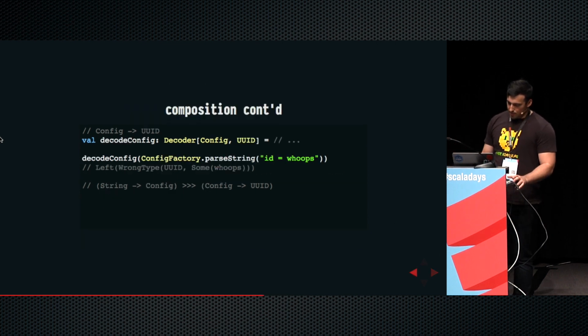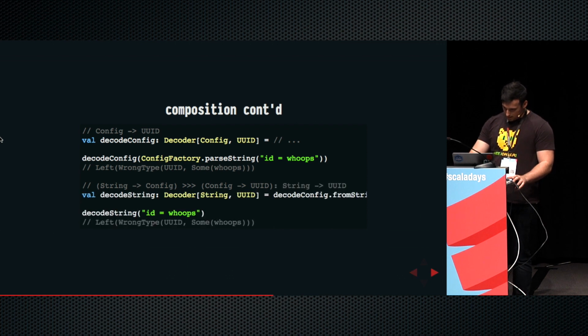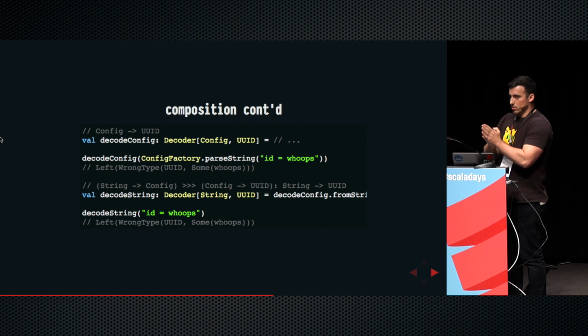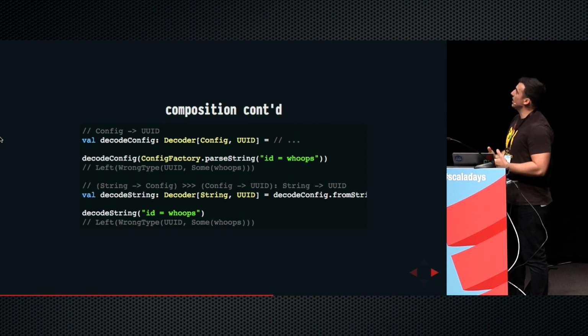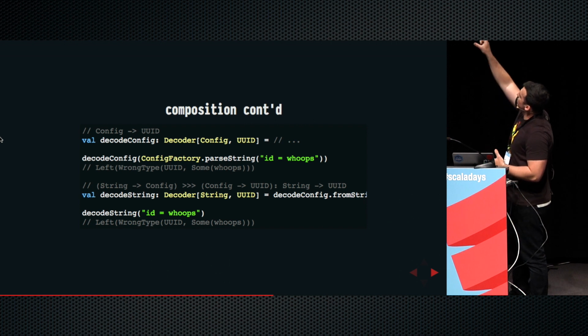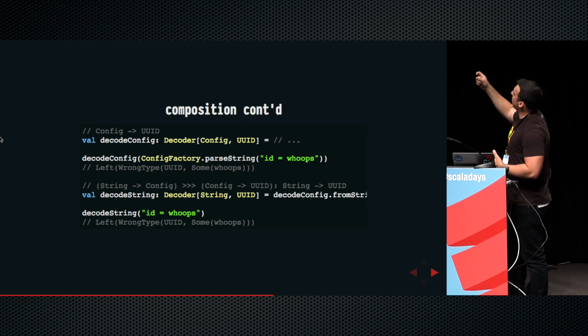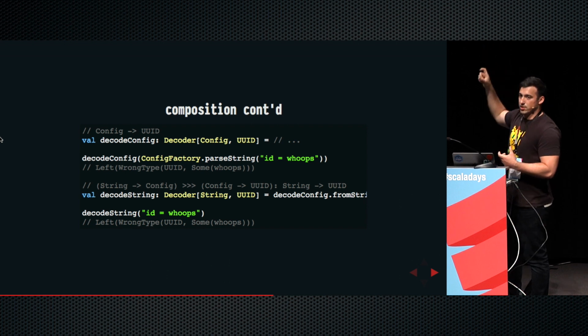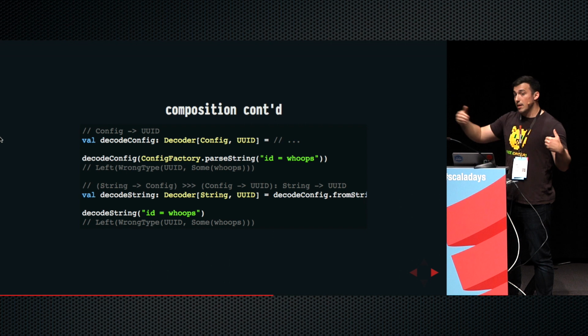Continuing with composition, let's see. I mentioned earlier that built into case classy there were different helpers for type safe config. If you already have the decoder from a type safe config to a string, you can also load type safe config directly from string, and there's a helper fromString, which essentially takes an arrow from string to type safe config.